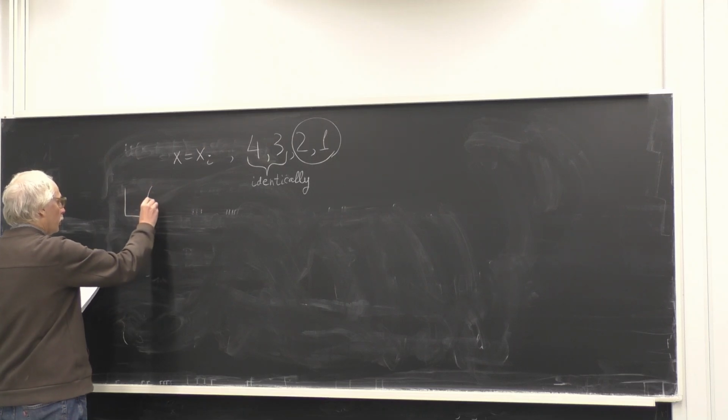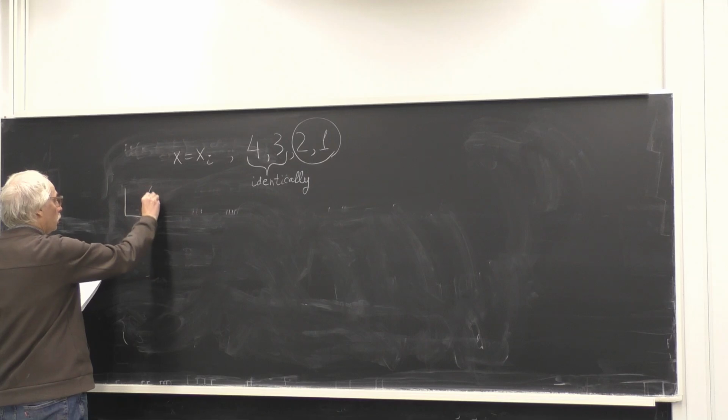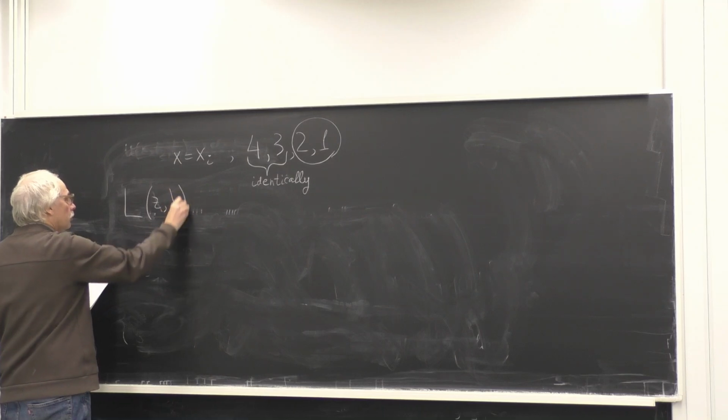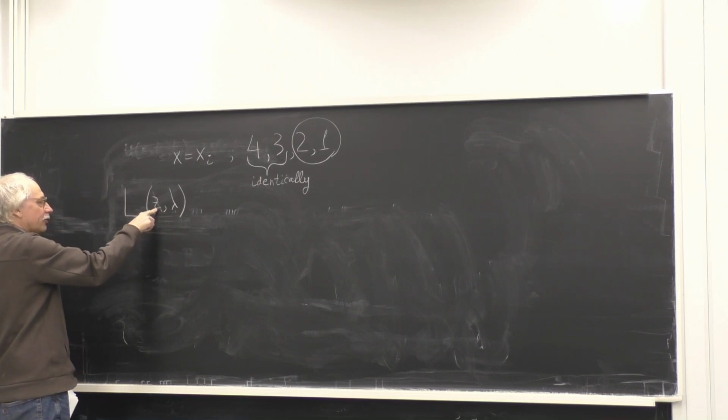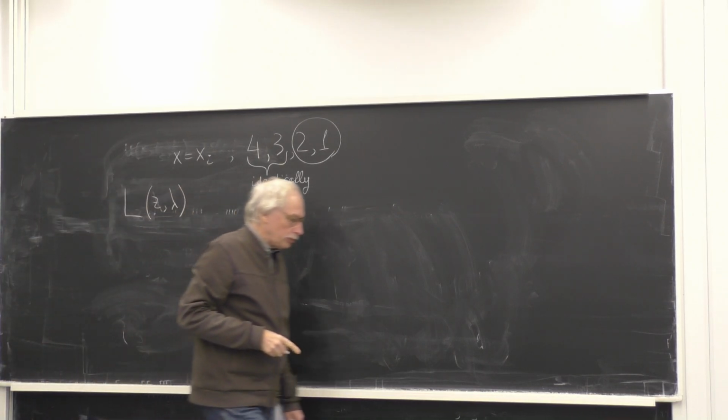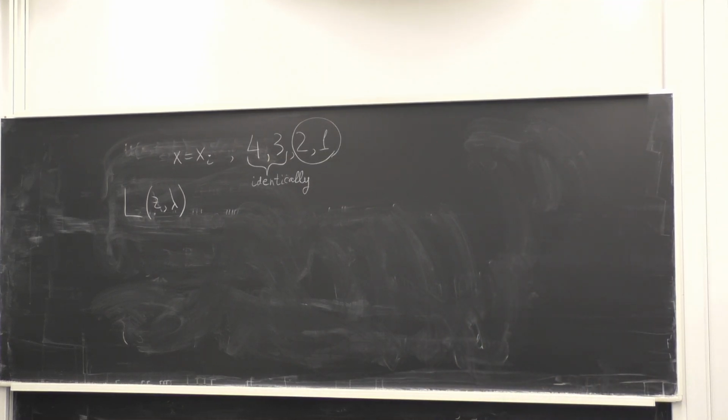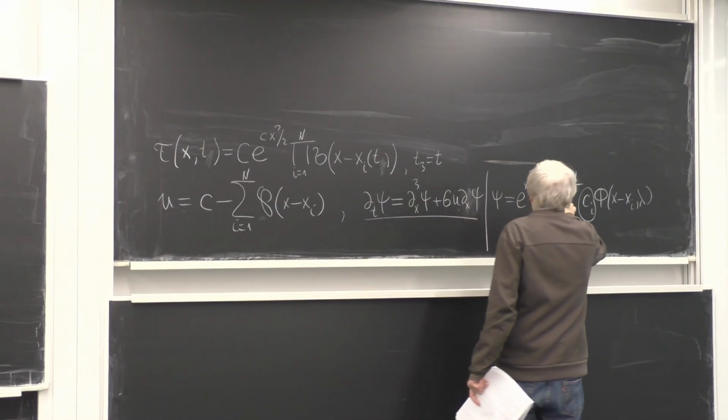We introduce two matrices which depend on spectral parameter lambda and another spectral parameter z, which comes from here.